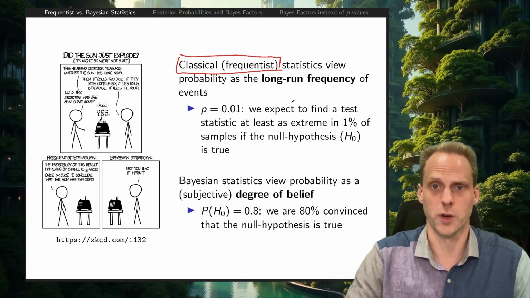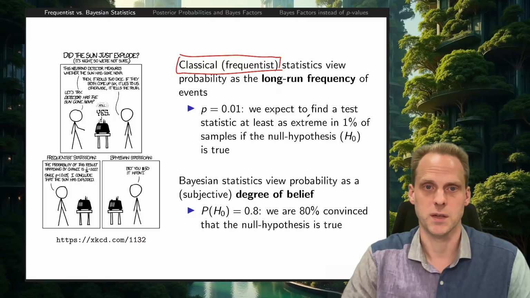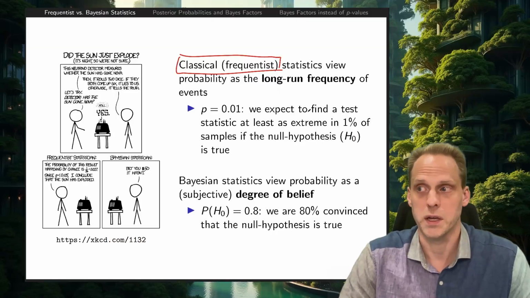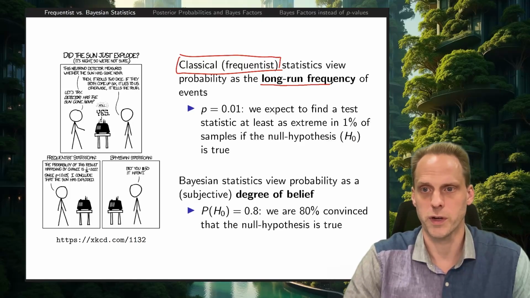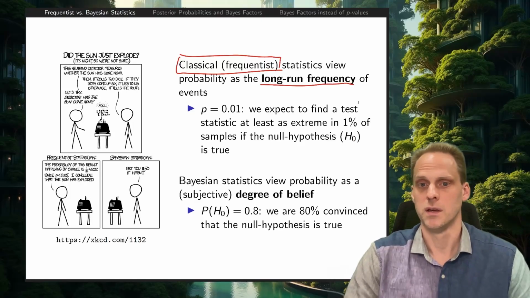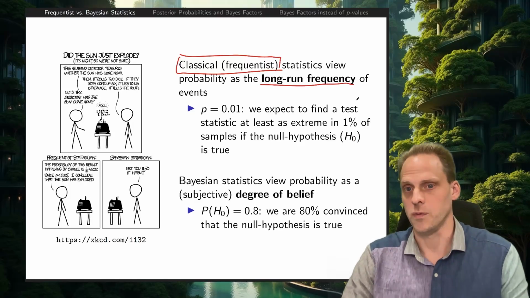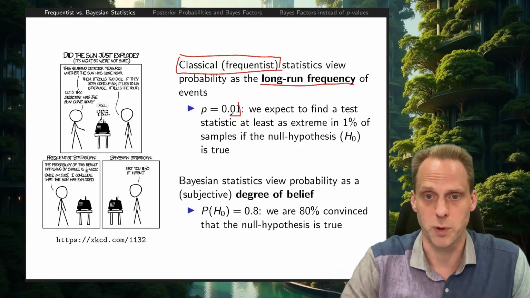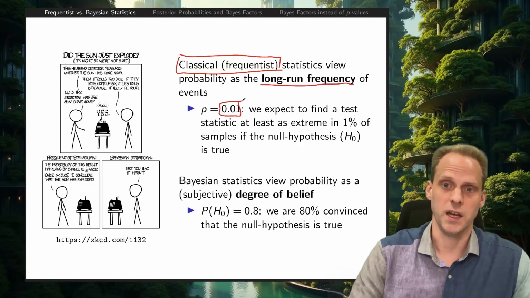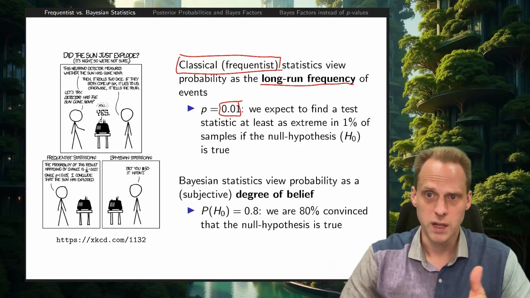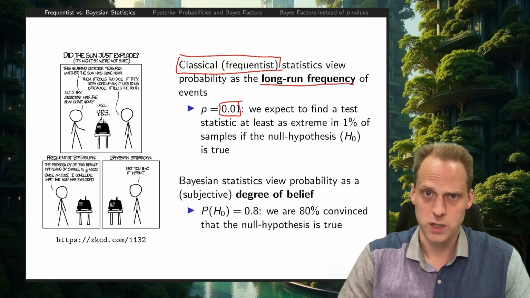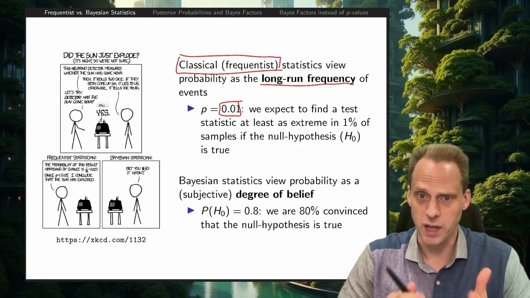the way that we interpret a probability, let's say the probability is 0.20 that something happens, is a long-term frequency of something happening. That means that if we say a probability is 0.01, this means that in repeated samples, if we do something over and over again, in the long run you would expect to find something 1% of the time.